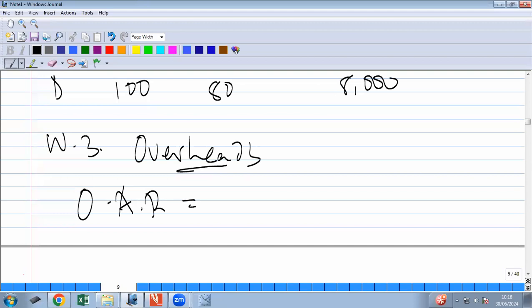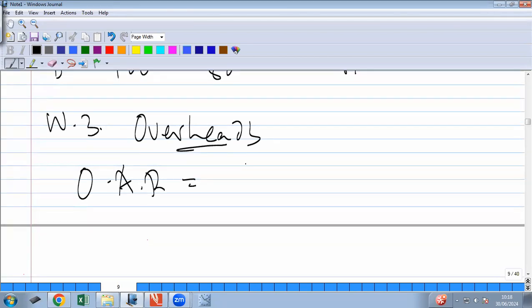Yes, in both sides. Only that in absorption costing, the only cost driver is either labor hours or machine hours. But when you go to activity-based costing, each activity will have its specific cost driver, right? We shall see the difference.